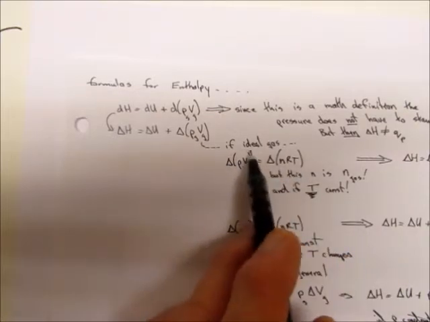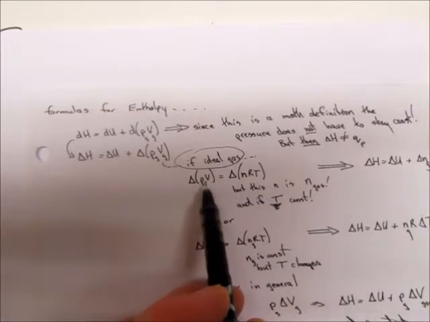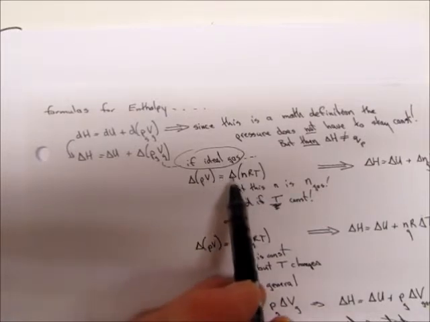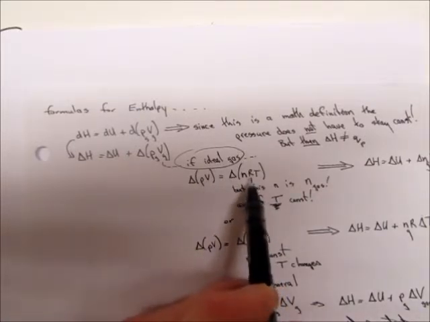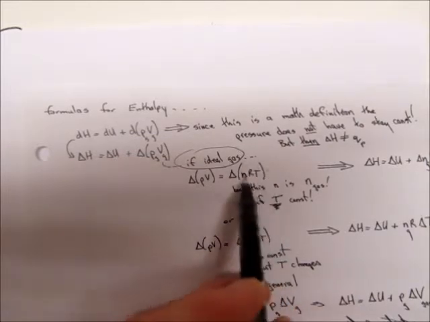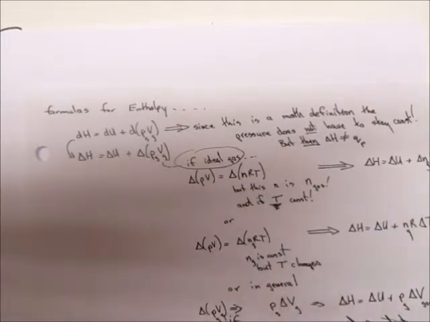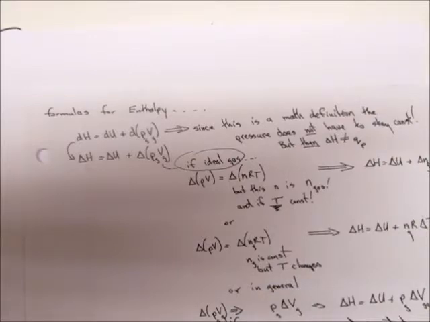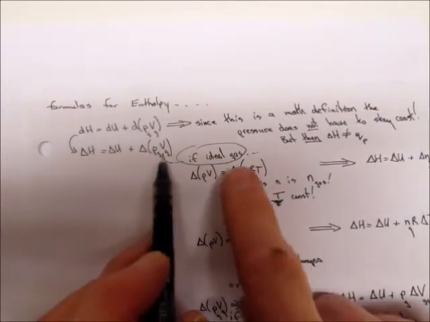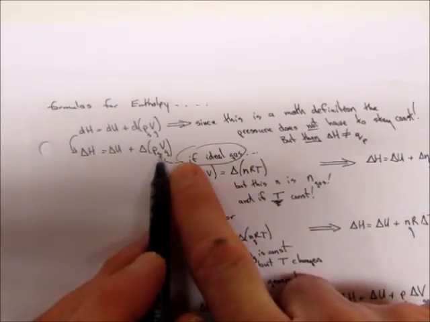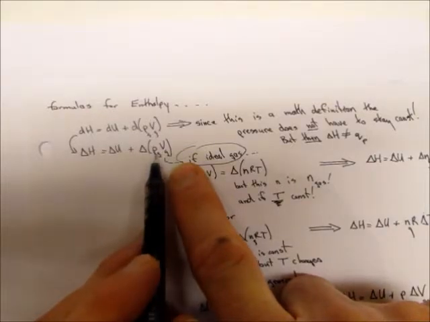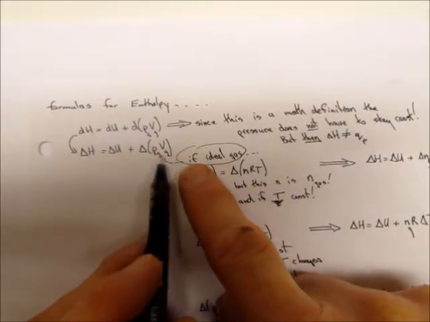These are the notes that talk, see that word right here? Ideal gas. If it's an ideal gas, you can talk about the changes of the left-hand side, PV, and the changes on the right-hand side. But remember, this is a virial, so you can't use this in place of that because it's a virial, right? So if we wanted to go this route, we'll have to take a look and draw that out and see what that looks like.